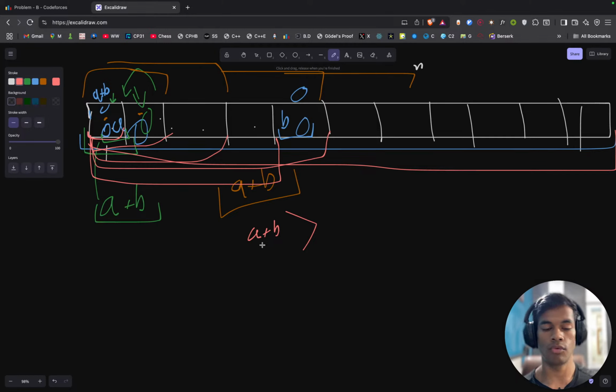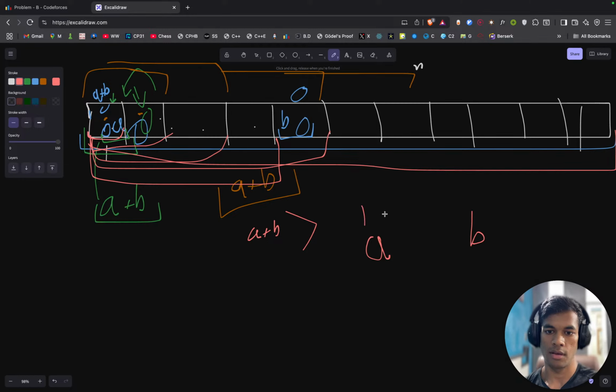And this would be the case, let's say, if a is smaller. Let's say I have a and I have b.